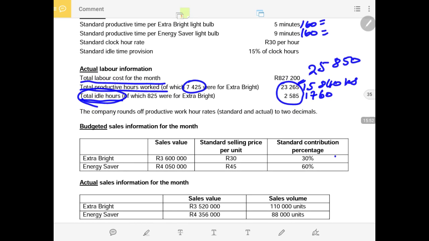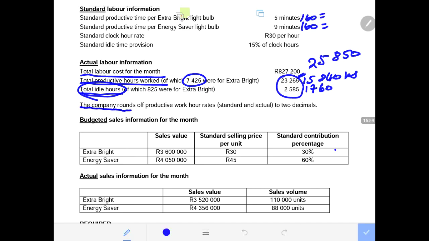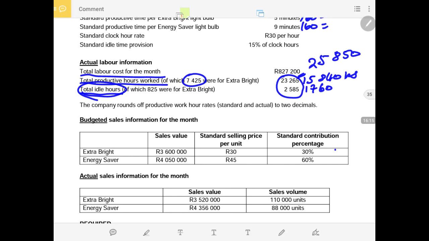Then now let us go to the next part of the information, and they say the company rounds off productive hours rate to 2 decimal places. So now we have to round off the productive hours to 2 decimal places. I might consider that depending on how my figures are, but at the end of the day everything will be okay, but the 2 decimals become also crucial.